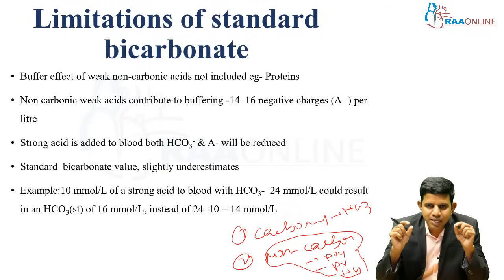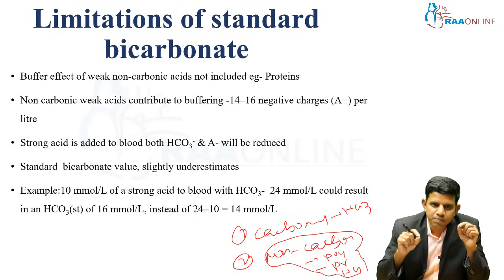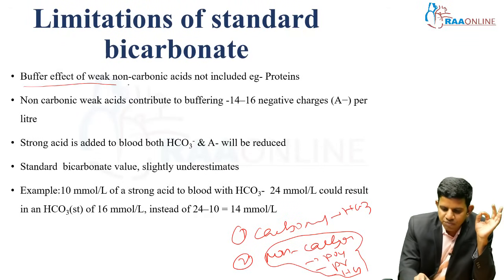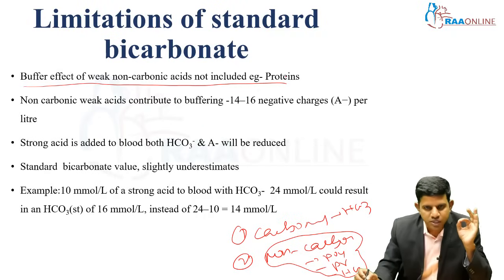But when I am measuring a standard bicarbonate, the contribution of the non-carbonic buffers, the weak acids, is ignored. The buffer effect of weak non-carbonic acids is not included when using the standard bicarbonate to assess metabolic acid-base disturbances.